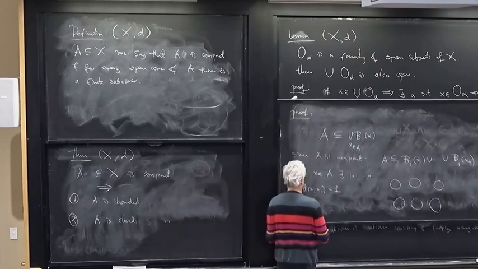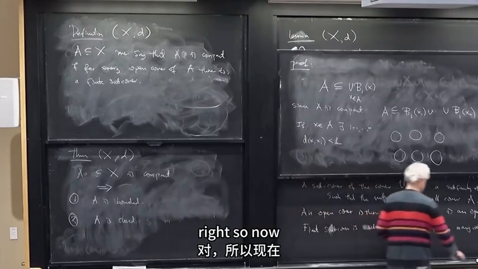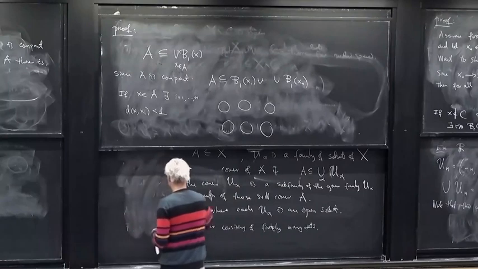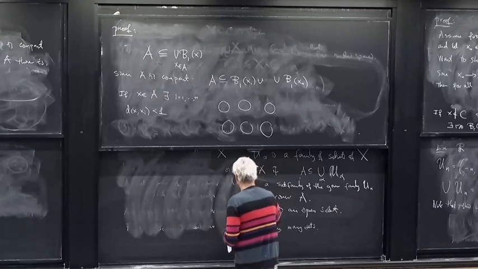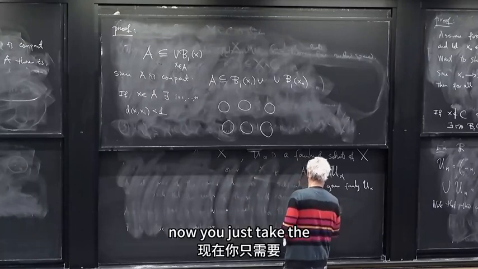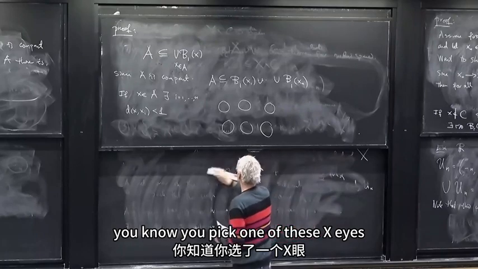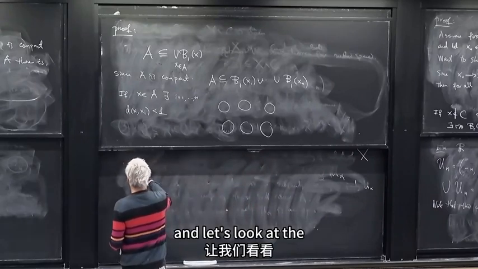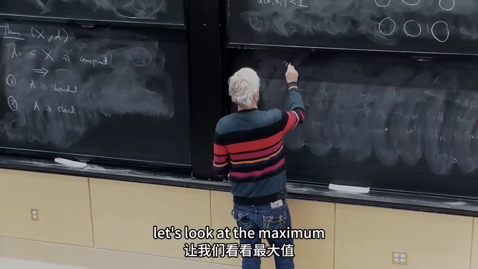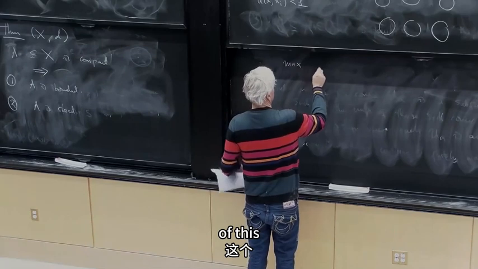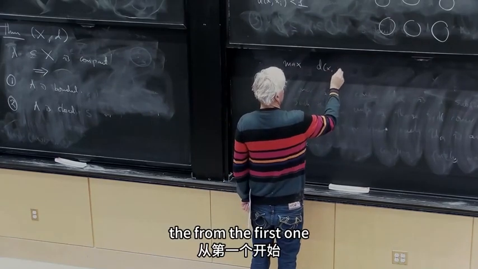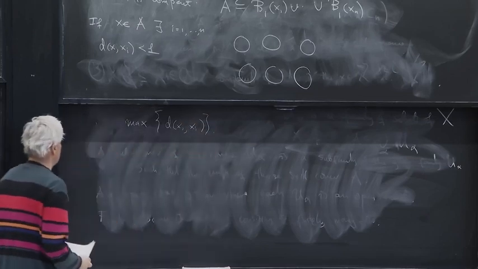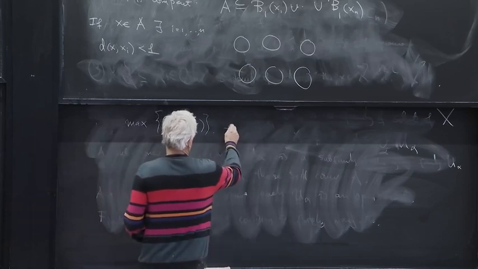Now you pick one of these xi's, let's pick the first one. And let's look at the maximum of the distances from the first one to the other ones, and let's add 1 to that.